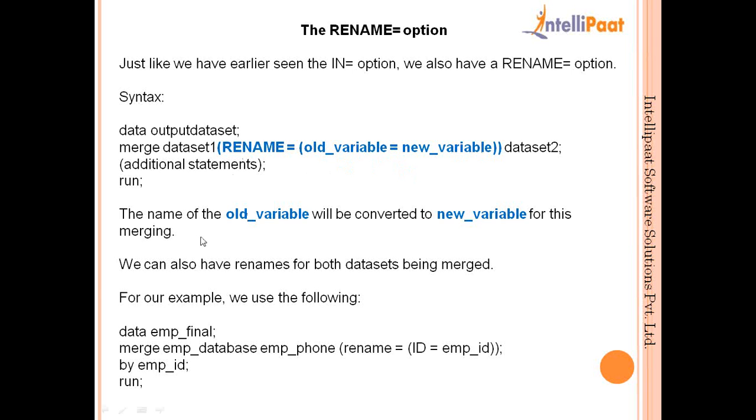The name of the old variable would be converted to the new variable for this merging. We can also have renames for both datasets being merged. For example, if we use the following, the data employee final.